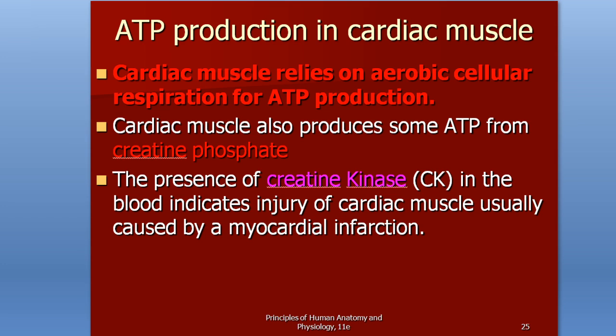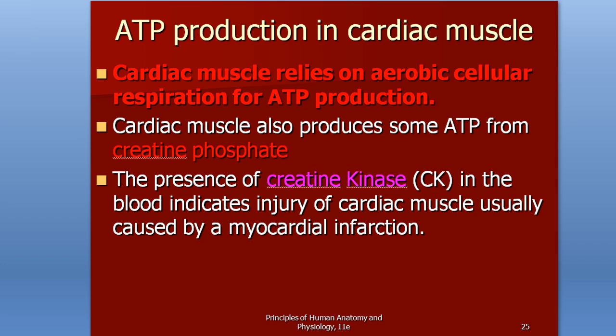And creatine kinase is an enzyme that breaks down creatine phosphate. Now, this does not occur under normal circumstances. It will only occur when the heart is in trouble due to a heart attack. Heart attacks are known as myocardial infarctions.